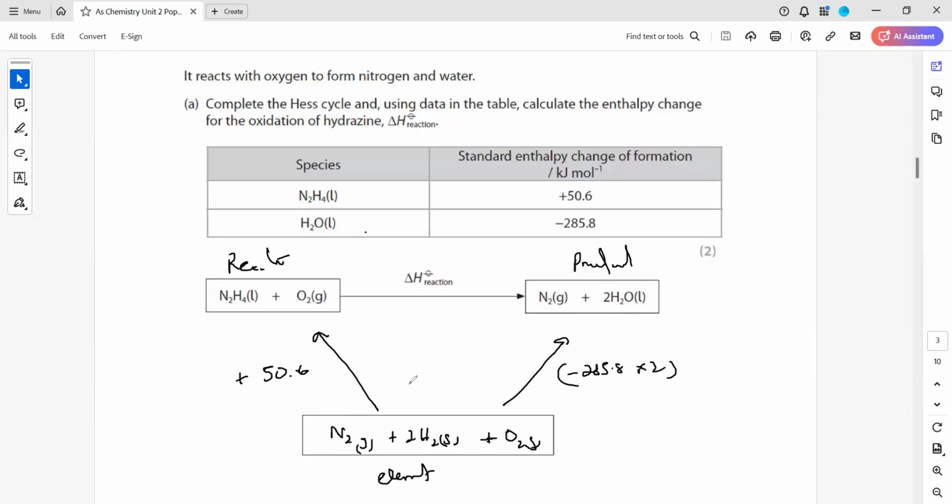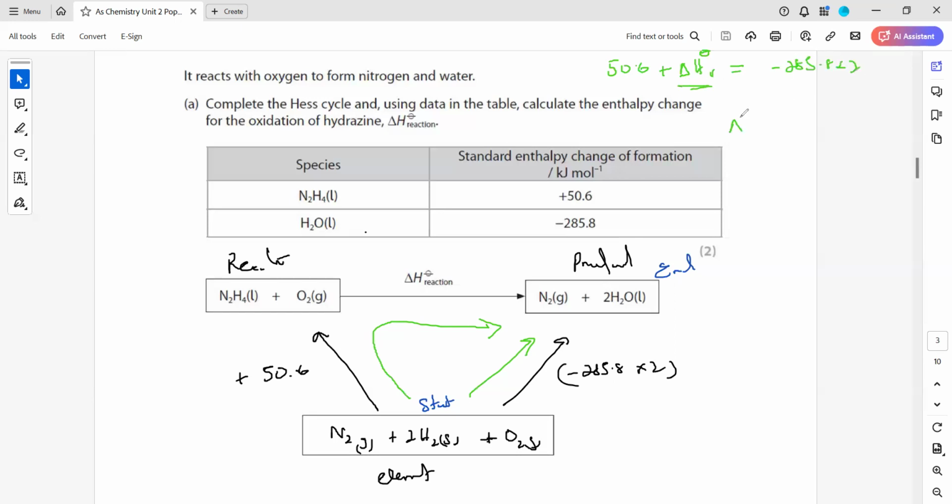Now, the 2 arrows pointing out are the start of the cycle. The 2 arrows pointing in are the end of the cycle. If we follow route 1 or route 2, the overall energy change is independent of the route or the path we follow. So it will be 50.6 plus the enthalpy change of this reaction equals minus 285.8 times 2.